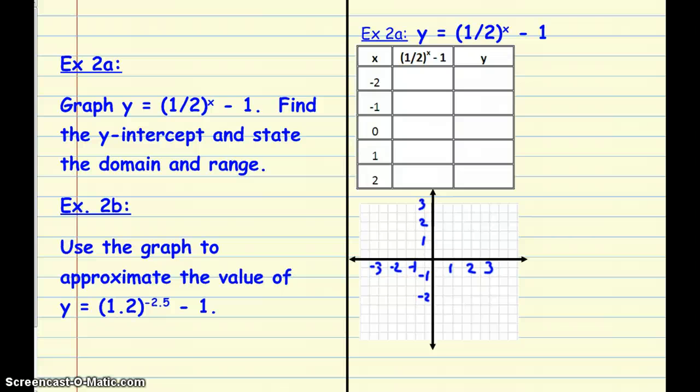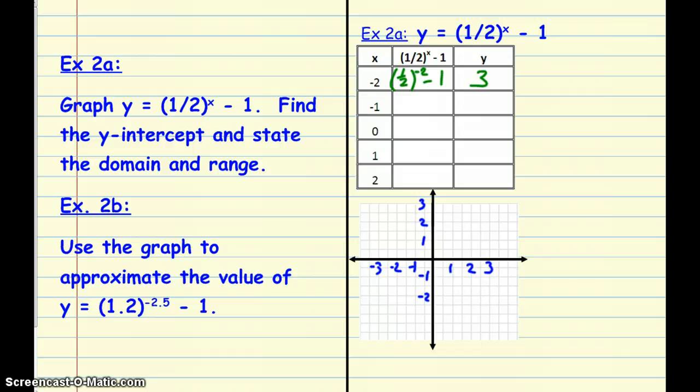So we're going to make a table just like we did before, and as I did before, I just picked the values for x, -2 through +2, and I'm going to take the x out and put these numbers in. So I have 1/2 to the -2 minus 1. Type that in, you get 3.